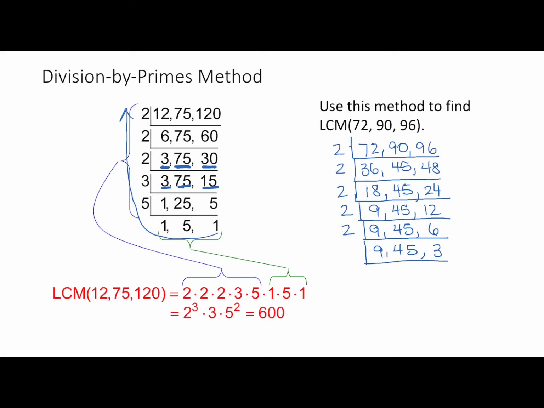All right, I can't divide by 2 anymore, so the next smallest prime is 3, and these numbers are all divisible by 3, so I'm going to divide by 3. I have 3, 15, and 1. I can divide again by 3, so I get 1, 5, and the 1 comes down.